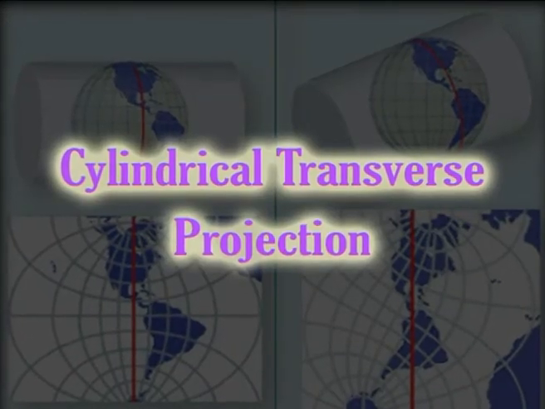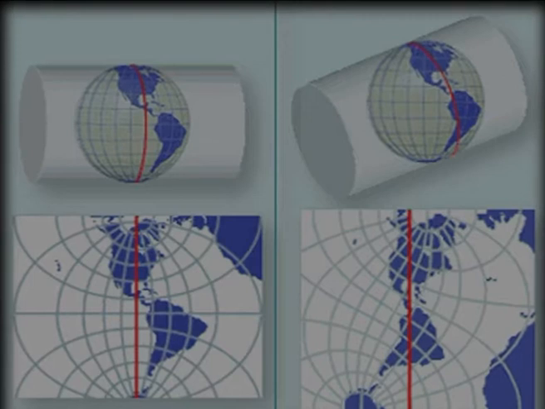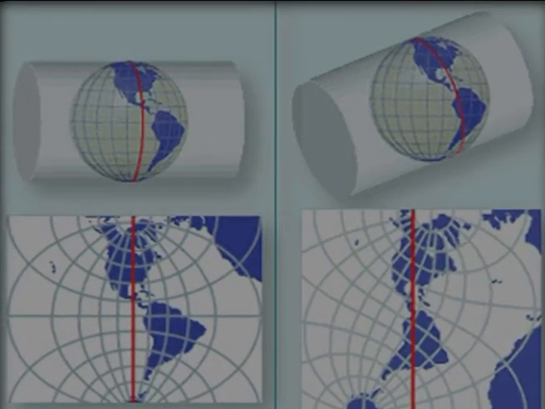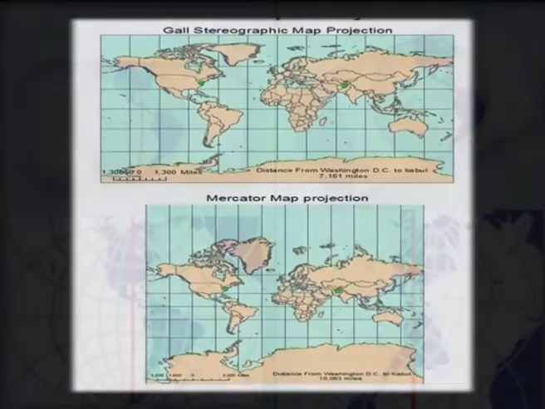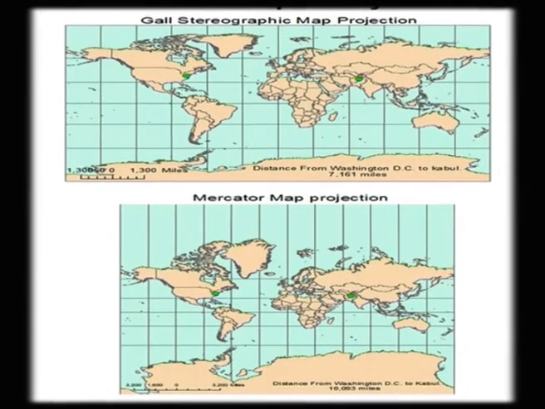Cylindrical transverse projection, also known as Gauss-Kruger, is similar to the Mercator, except that the cylinder is longitudinal along the meridian instead of the equator. The result is a conformal projection that does not maintain true directions. The central meridian is placed in the center of the region of interest.